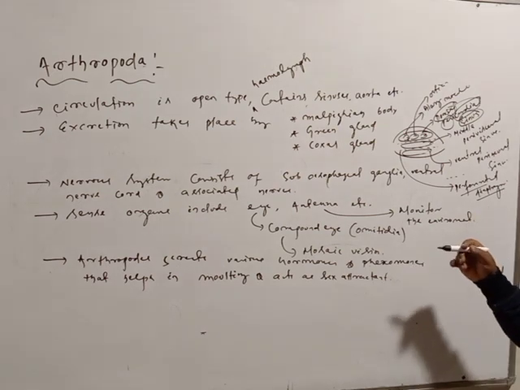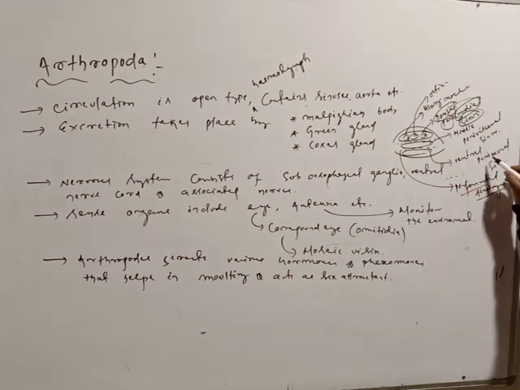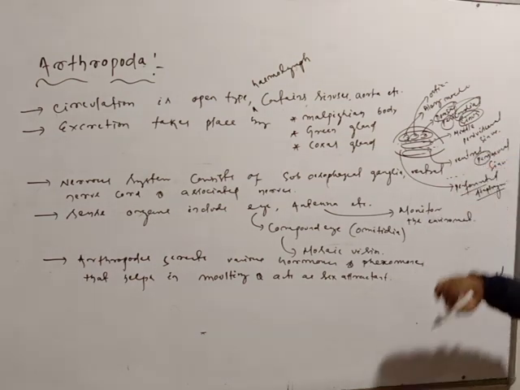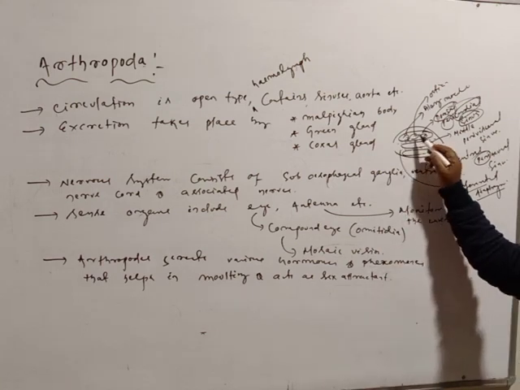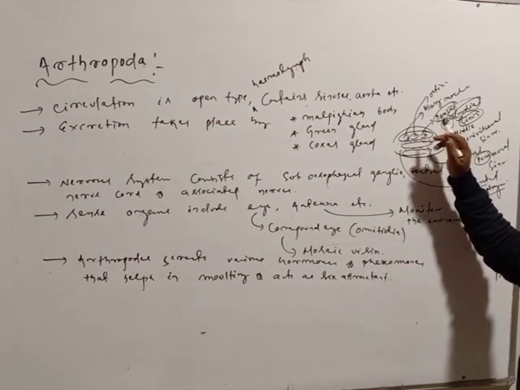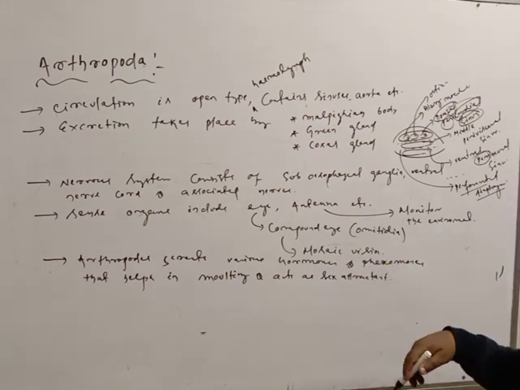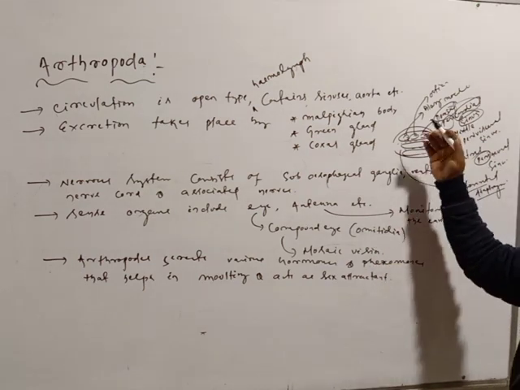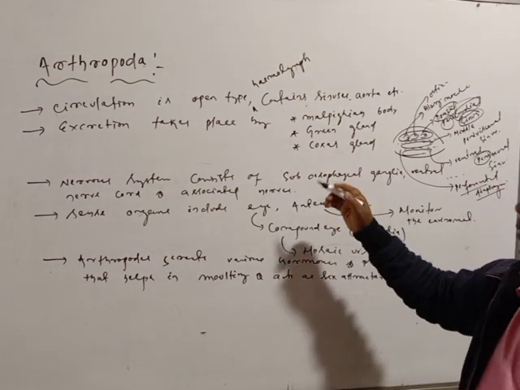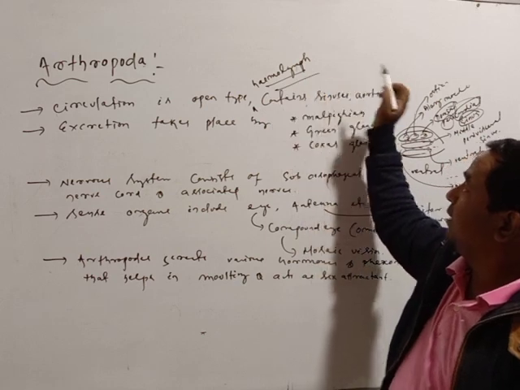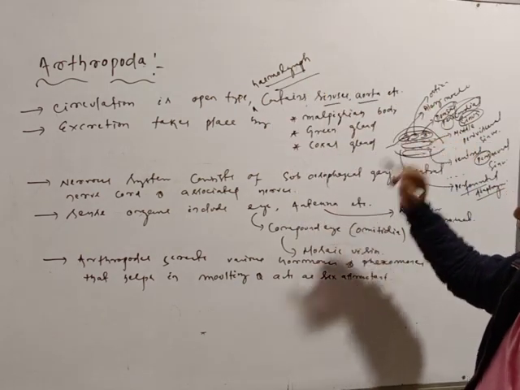As it is an invertebrate, the nerve cord is present on the ventral side, and the sinus surrounding it is the ventral perineural sinus. The heart-like structure's contraction and relaxation are regulated by alary muscles, and ostia are there for oxygenation. Here, instead of blood, hemolymph is present.